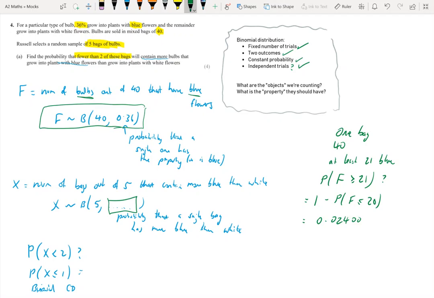So that's the probability that we need to fill in the gap in this distribution here, the one that's counting bags now out of 5 bags. So we can finish what's the probability in this distribution. We need to do this calculation down here. And again, binomial CD on your calculator, you should get 0.995.